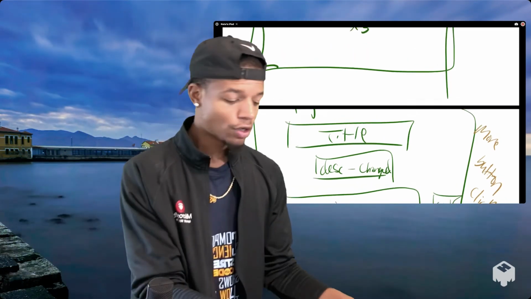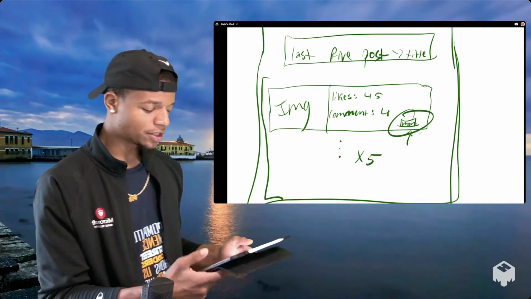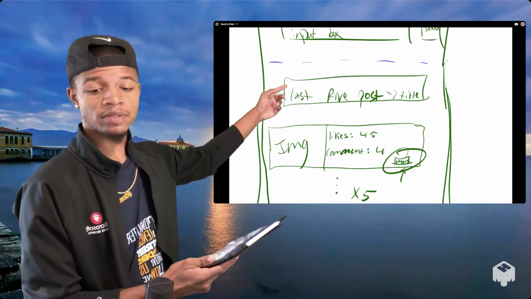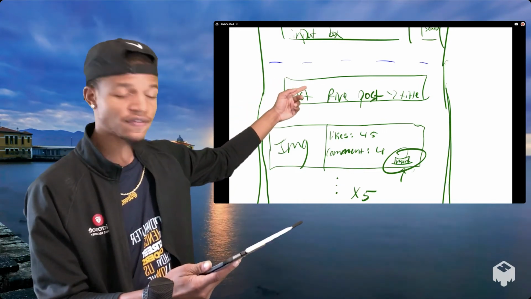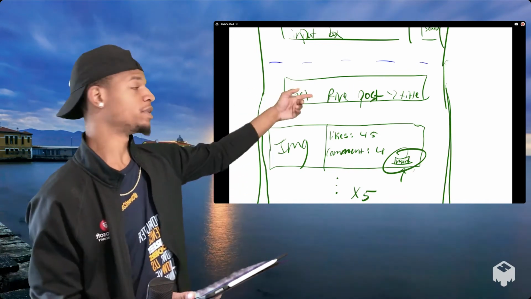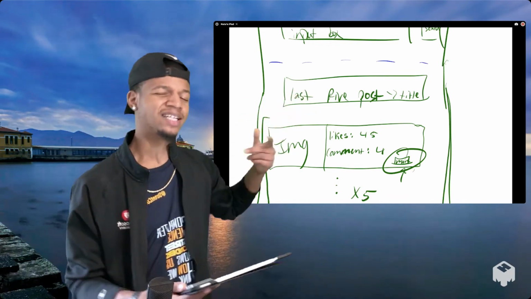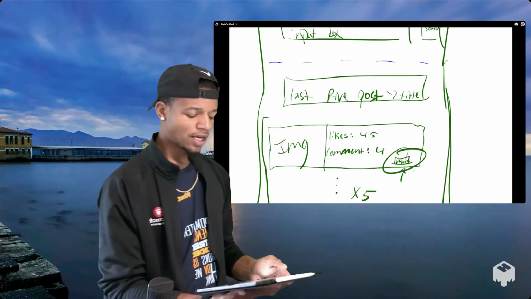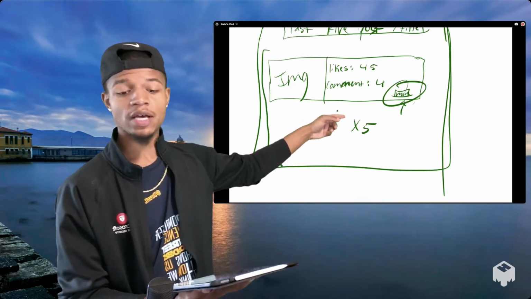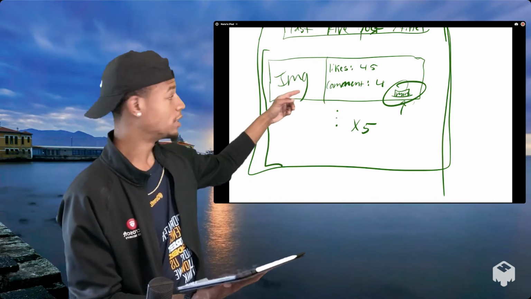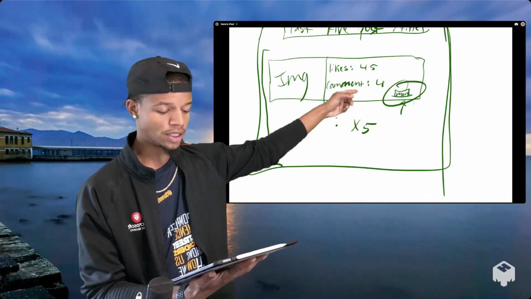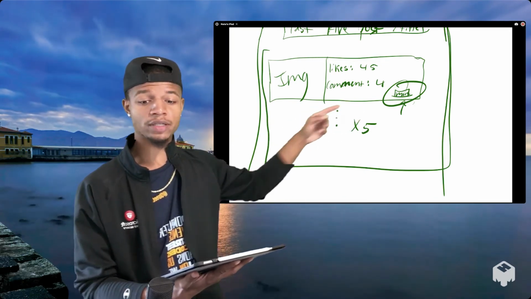And so remember, in the ideation or design stage, we said we're going to have a title that pops up that says last 5 posts. Basically, underneath that button, there's going to be a title that says last 5 posts to indicate this is a new section. And then underneath that, there will be the 5 posts, structured with the image right here, and then you have the likes and the amount of comments as well.